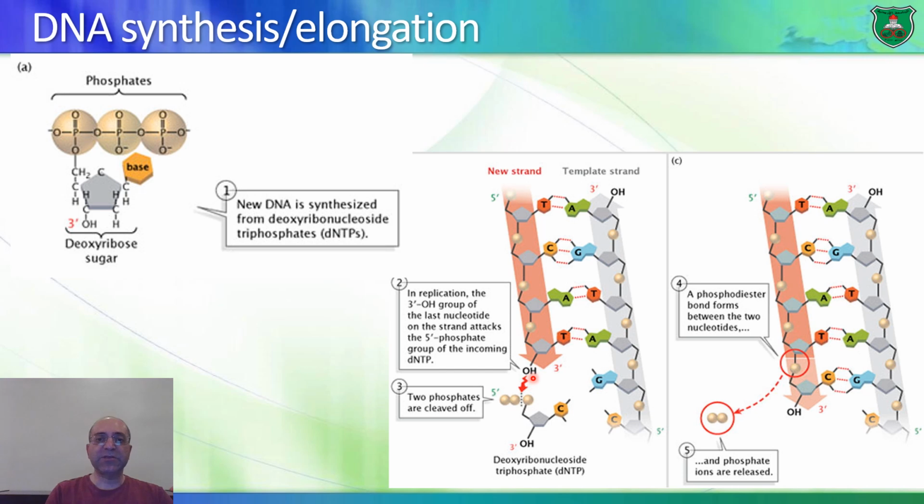Note that energy is needed, of course, and energy comes from the release of 2 phosphate groups, with the formation of the phosphodiester bond between the phosphate and the hydroxyl group right here. And synthesis continues from the 3' end. So in order to synthesize DNA, what we need is a phosphate nucleotide, and we need a hydroxyl group at the 3' end. Good.